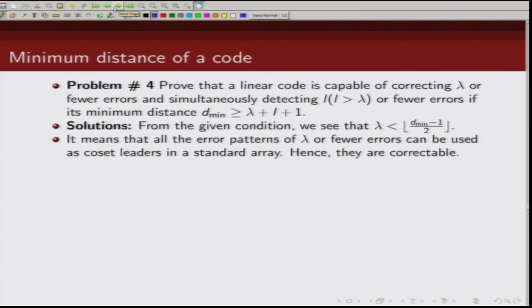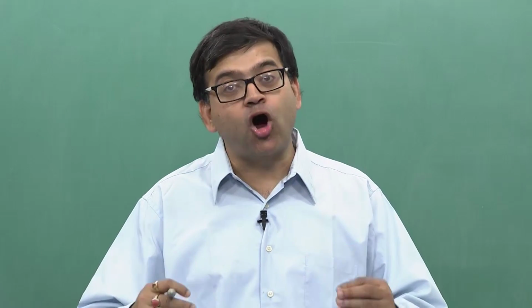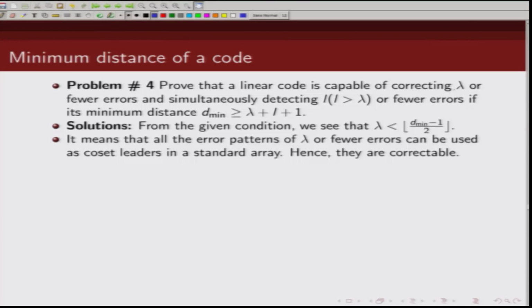Now, note in addition to correcting lambda or fewer errors, we also want to simultaneously detect L errors. To do that, we have to ensure that those error patterns of weight L or less are not in the same coset as the error patterns that we are trying to correct.